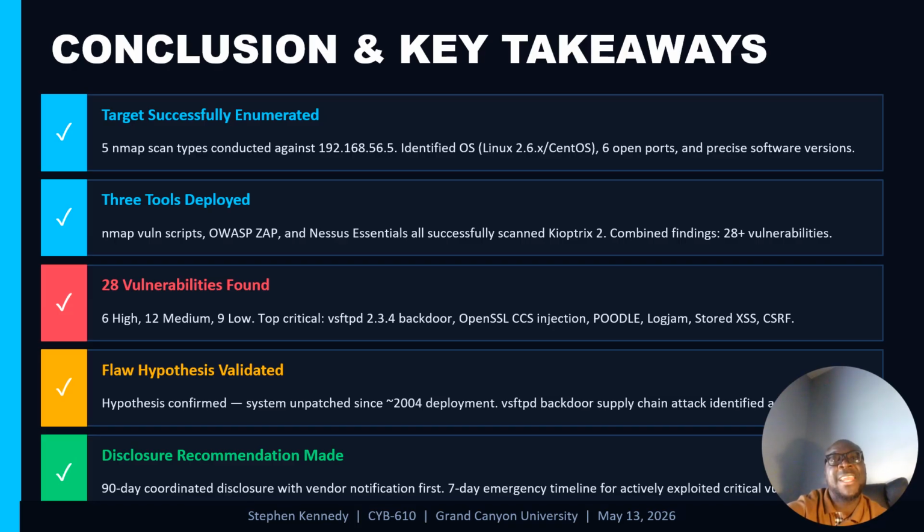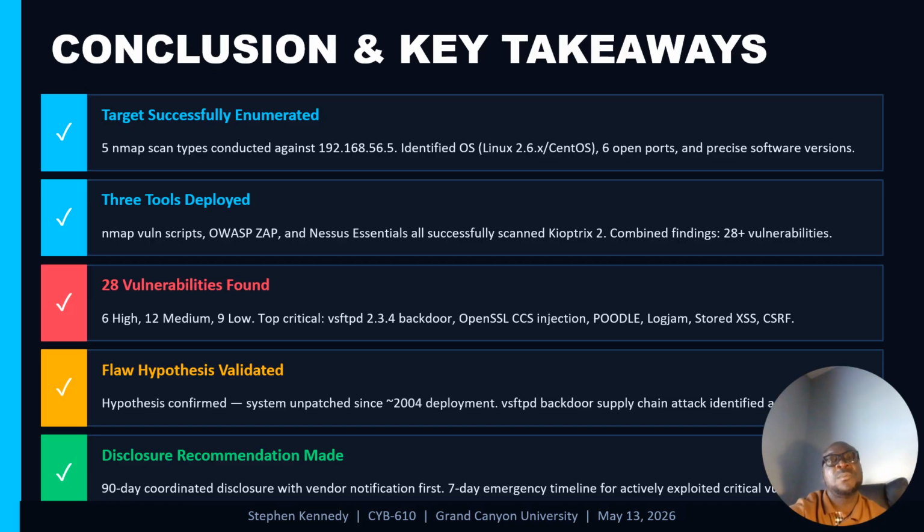The most critical finding is the vsftpd 2.3.4 backdoor, which represents a supply chain attack where the official download server was compromised and a Trojan version of the software was distributed.